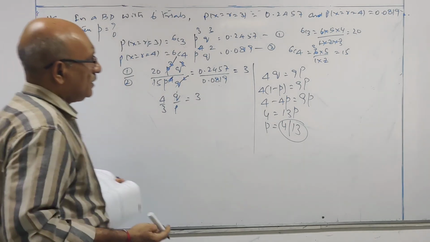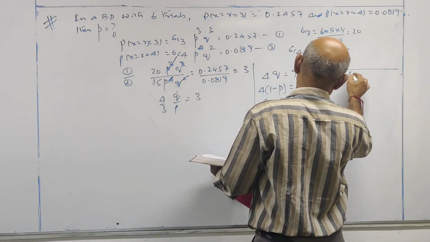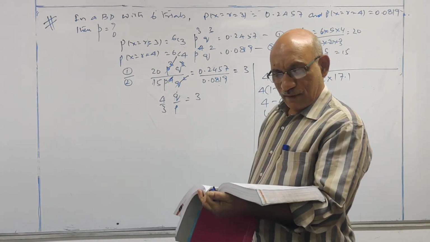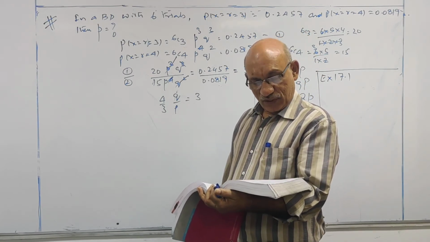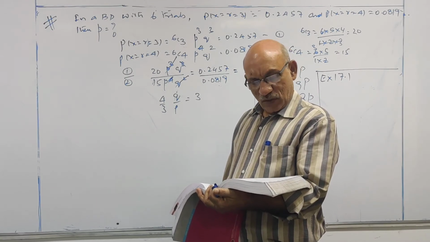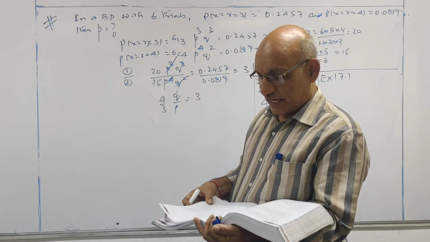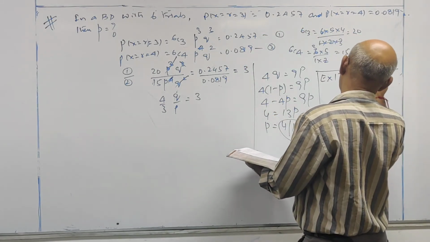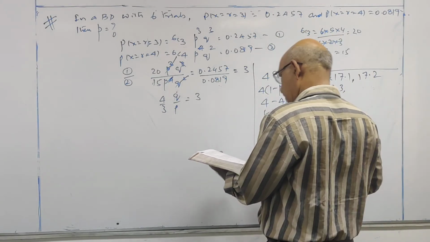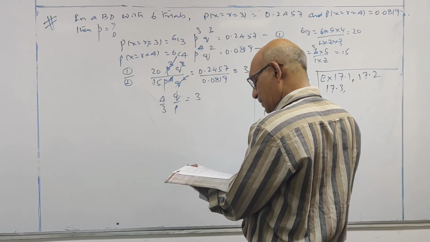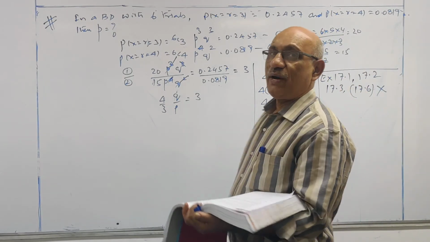Okay, solve these examples also from your side. Example number 17.1, 10 coins are tossed. In the third part of the question, there is a mistake. Identify that mistake and rectify. 17.2, which was asked in the exam also CPT. 17.3 example you do. 17.6 not required, this is fitting of binomial distribution.